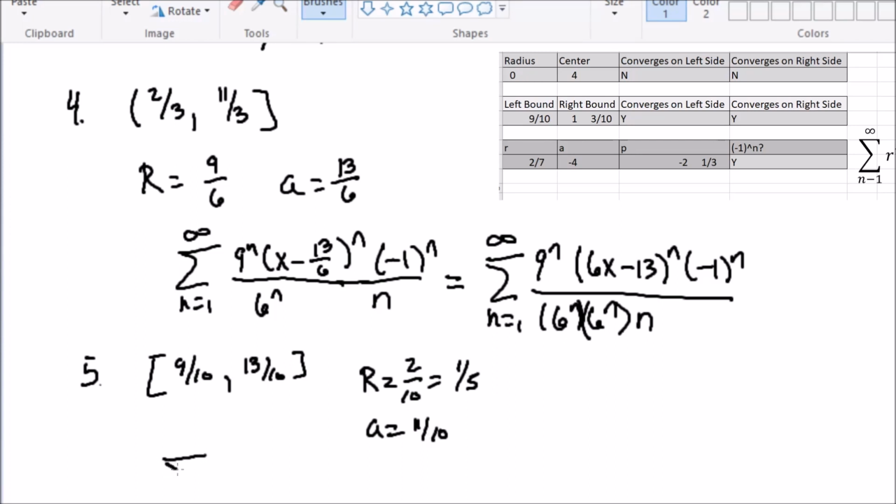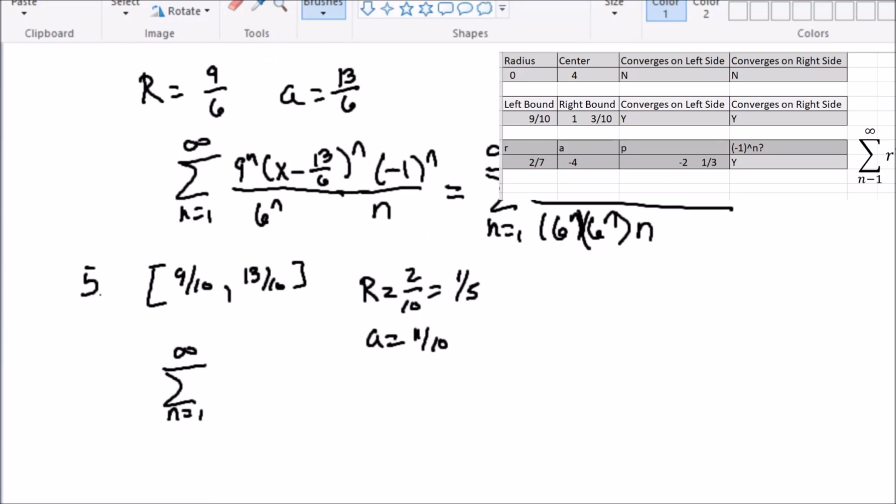So I'm going to have the sum from n equals 1 to infinity of, we simplified this to 1/5, so this is going to simplify down to 5 to the n times (x minus 11 over 10) to the n. And then I want it to converge at both endpoints, so I'm going to put it over n squared. And there we go.